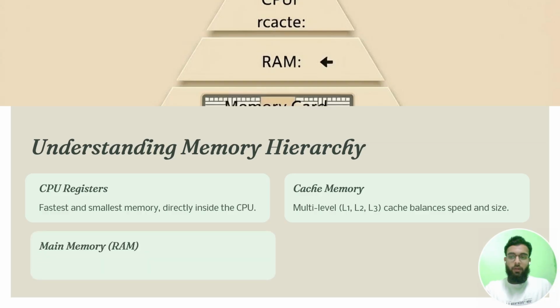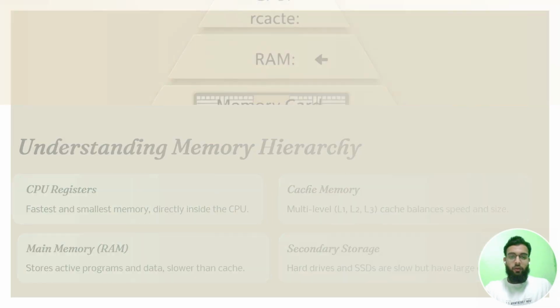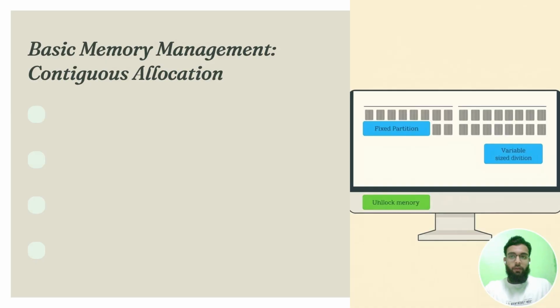Then we have the main memory, which is the RAM, in which we store active programs and data, which is slower than cache memory. And at last we have the secondary storage like hard drives and SSDs, which are slow but have a large memory area to store. Now we will talk about the basic memory management or contiguous allocation.